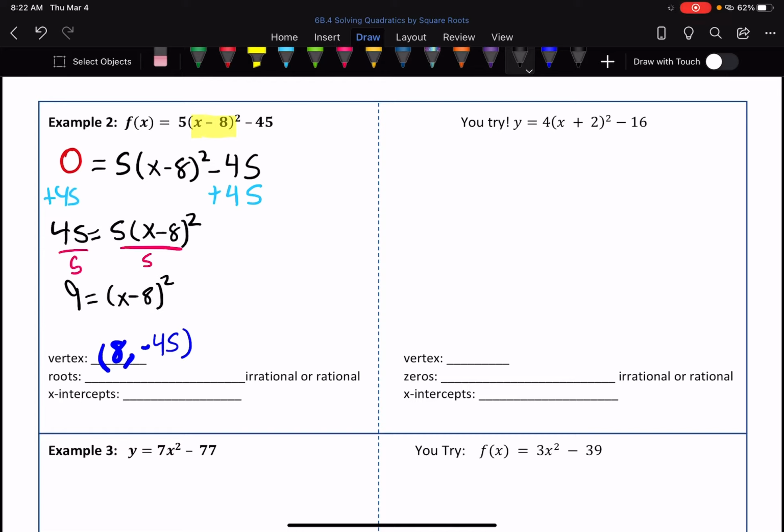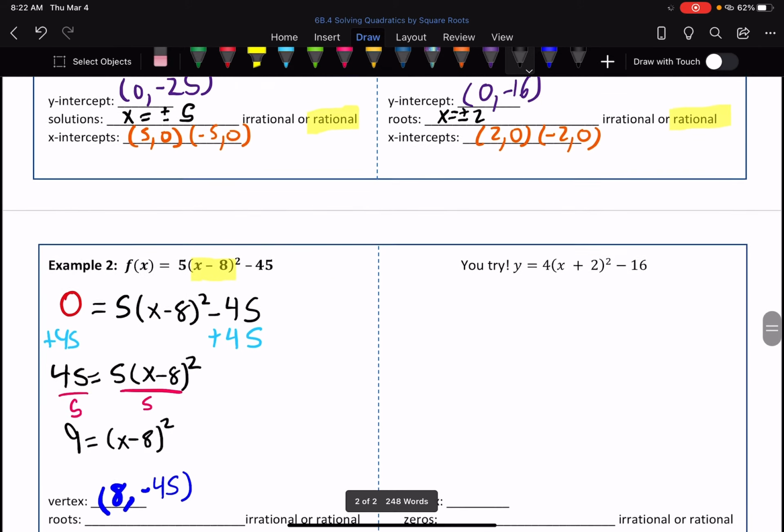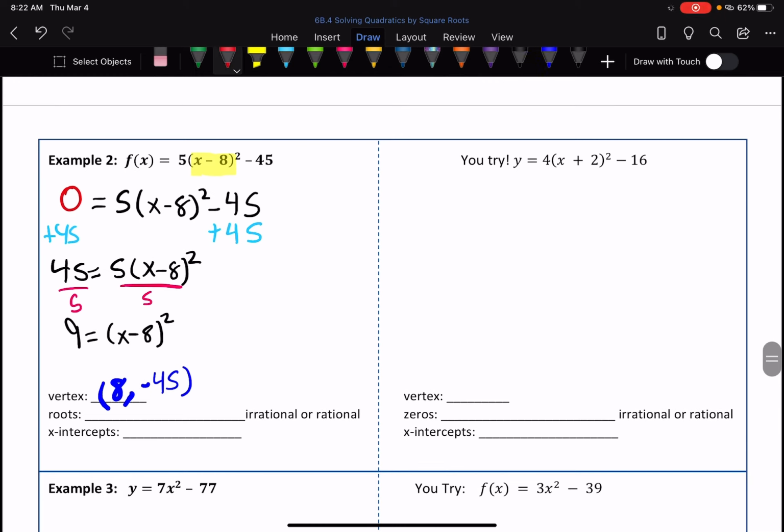At this point, we have isolated our squared expression. So we then move on to our step 3. If we're looking at our steps, we're going to take the square root of both sides. So I'm going to do the square root of 9 and the square root of (x minus 8) squared. So I'm going to move over to our right-hand side here.